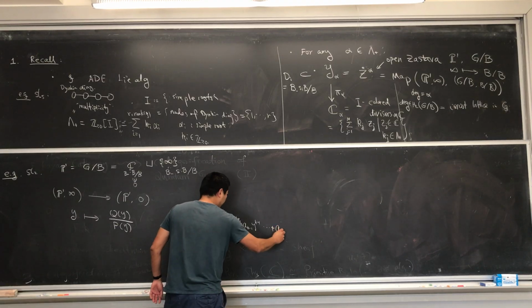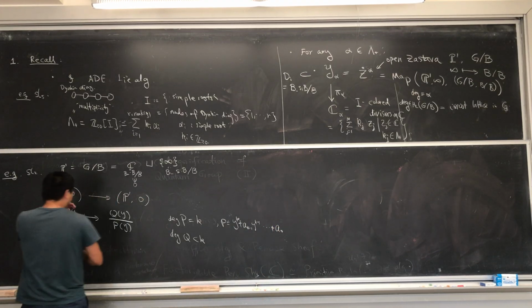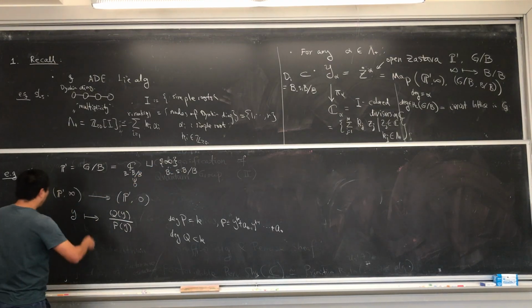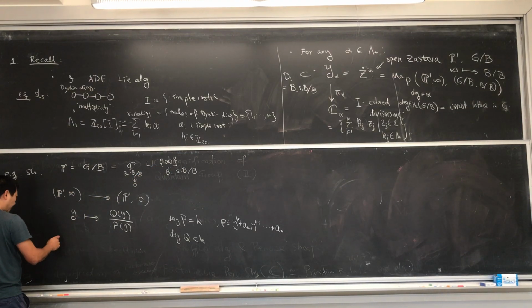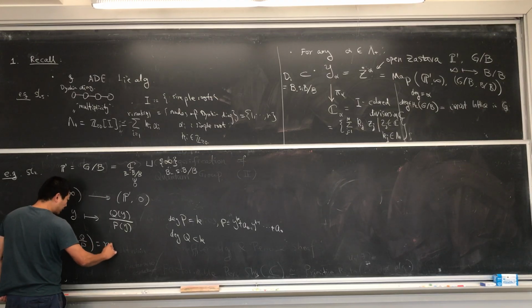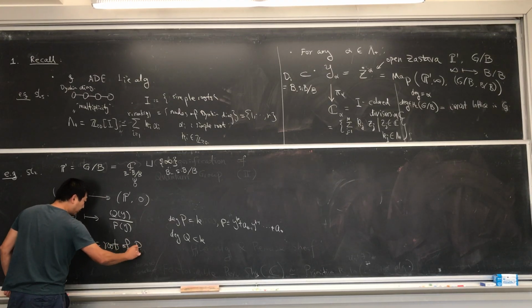And the divisor I was talking about is the intersection with infinity of the image. So that corresponds to the divisor at infinity of Q mod P, which is the roots of P.